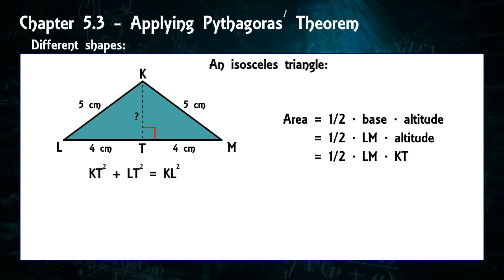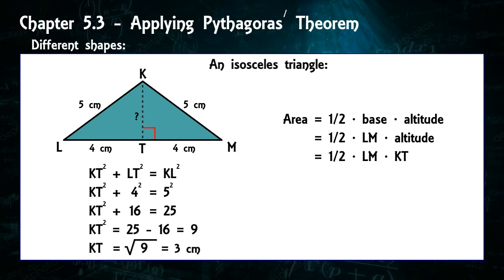KT squared plus LT squared is KL squared, followed by KT squared plus 4 squared is equal to 5 squared. Then KT squared plus 16 is equal to 25, which means that KT squared is 25 minus 16. Which is equal to 9. We then take the square root of 9, which is 3, meaning the height of this triangle is 3 centimeters.